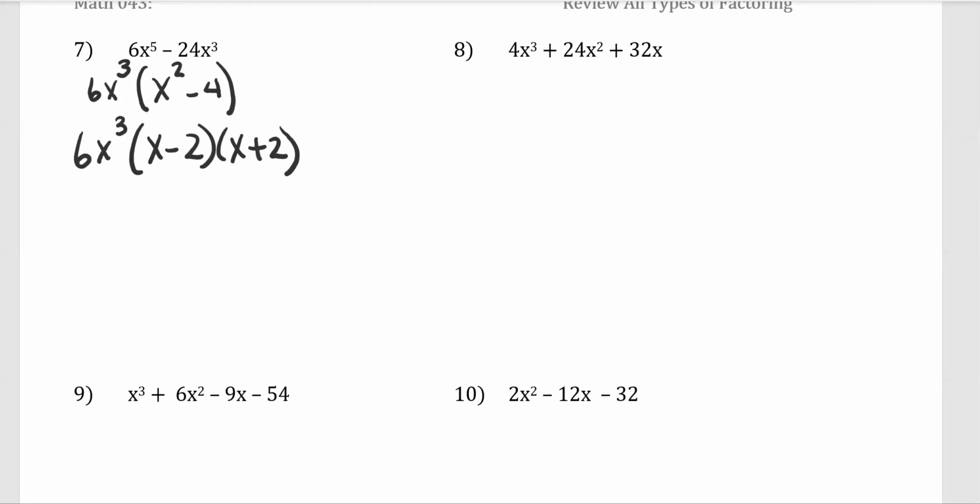Number 8, we'll take out a greatest common factor. They all are divisible by 4. They all have a common variable of x. Take out the one with the smallest exponent.